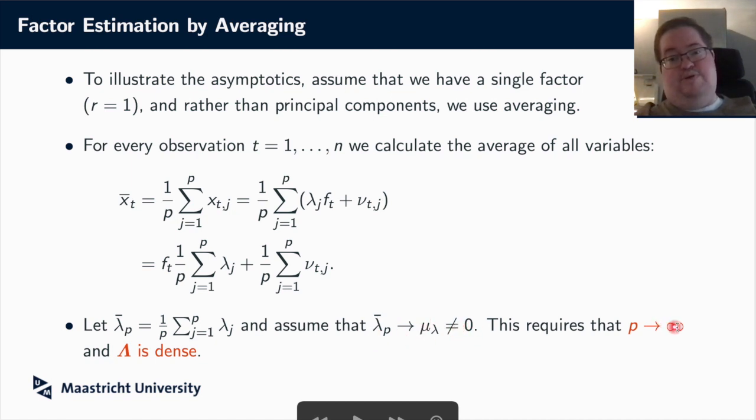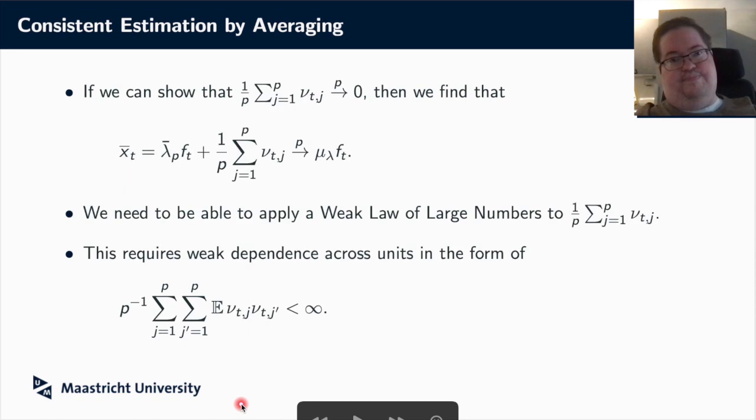This requires that p goes to infinity and our loadings matrix is dense. Now it actually requires another thing, and that is that the mean itself is also not 0. Well, that is the price we pay for doing simple averaging instead of principal components.